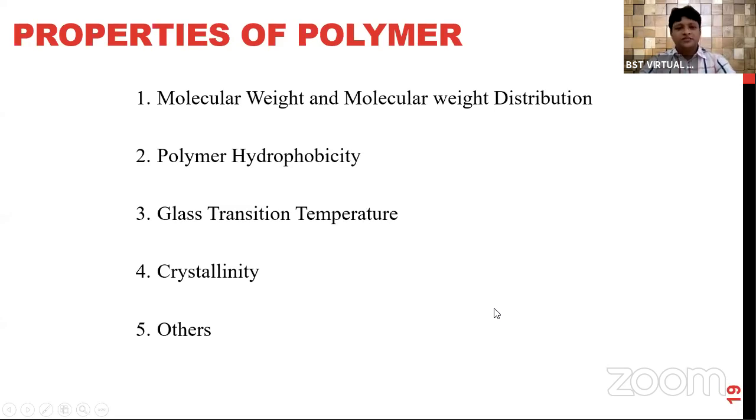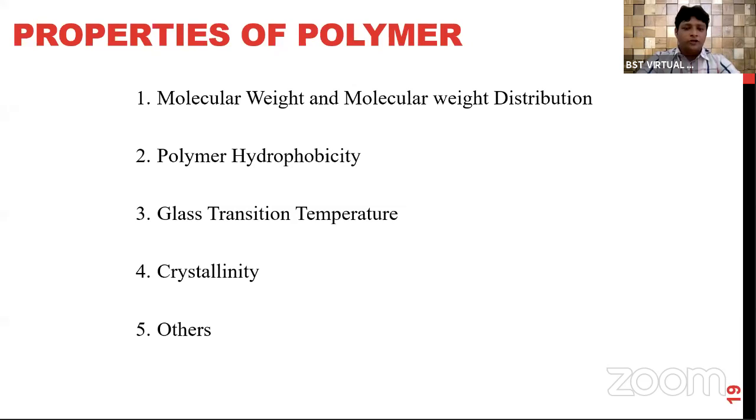Polymer properties like molecular weight, because I told you that the polymer molecular weight affects the viscosity of that polymer. In certain dosage forms we need the formulation to be highly viscous in nature, so in such cases we have to select a polymer which has high molecular weight.